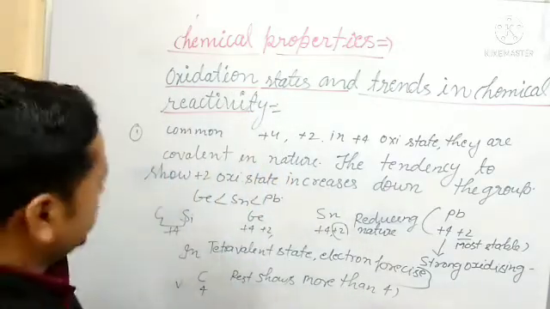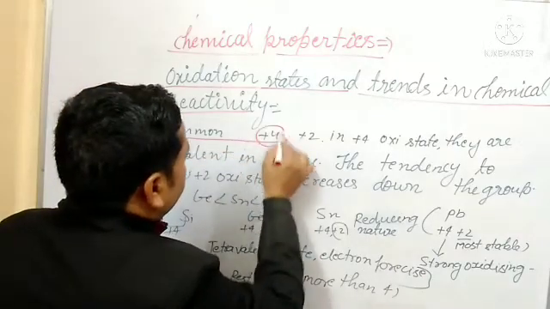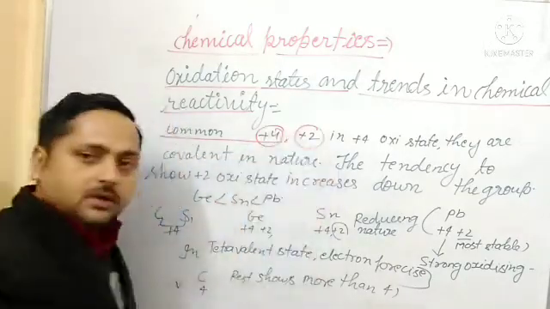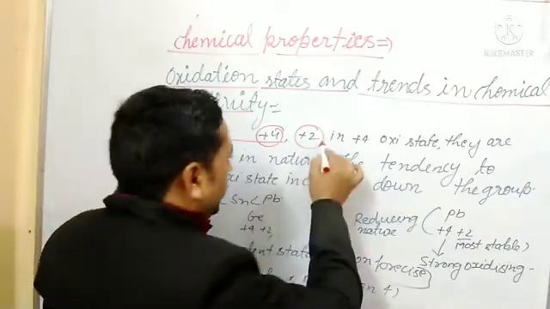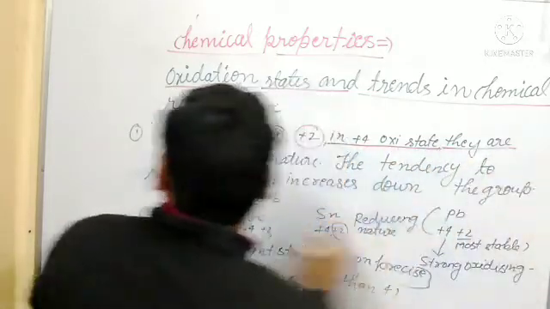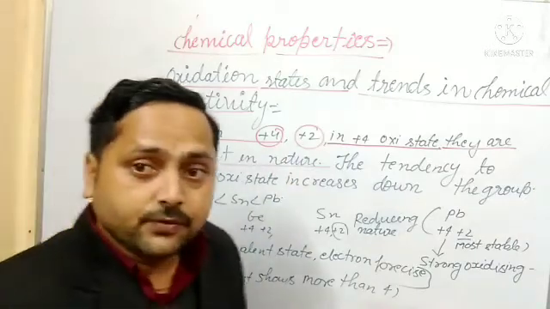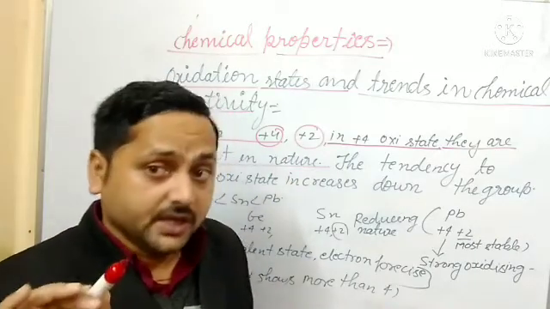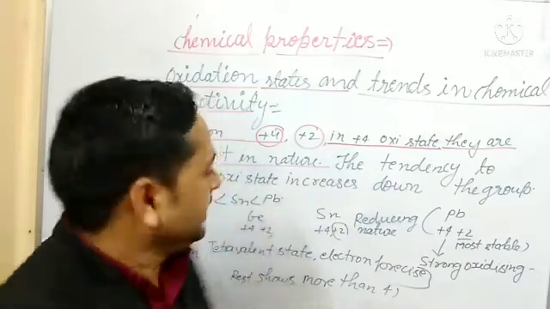The common oxidation states shown by this group's elements are +4 and +2. In the +4 oxidation state, they are covalent in nature.